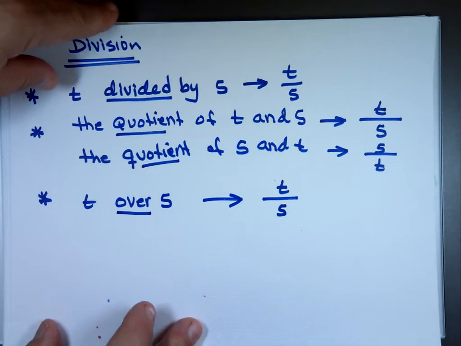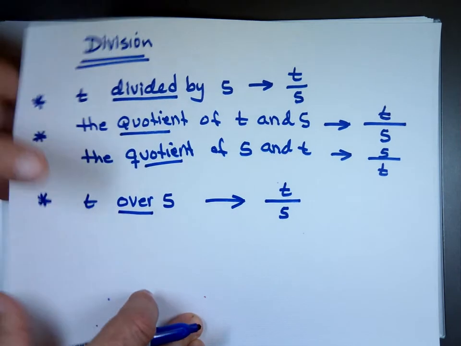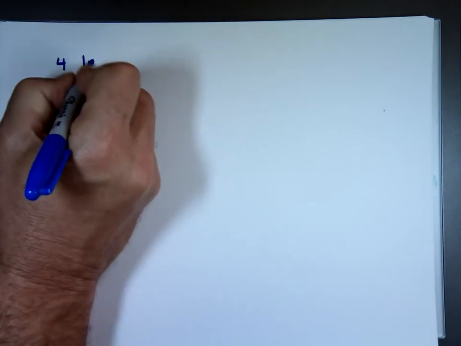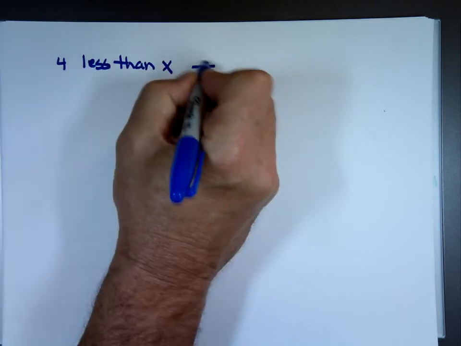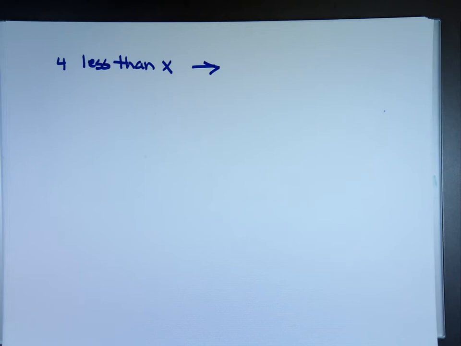Let me mix and match a few of them to see if you can tell me what you see there, if you can write the answer to that. I write something, you tell me the answer. 4 less than x. Take a minute, think about it, and see if you can tell me the answer. Yes. This would be x minus 4.